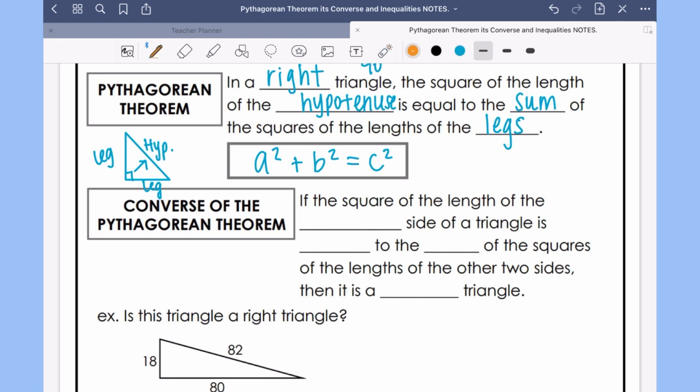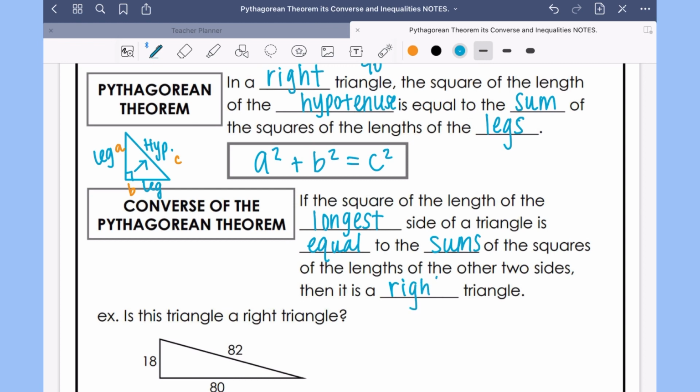So here on this triangle, I can label this as A, B, and then C. The converse of that is that if the length of the longest side of a triangle is equal to the sum of the squares of the lengths of the other two sides, then it is a right triangle.